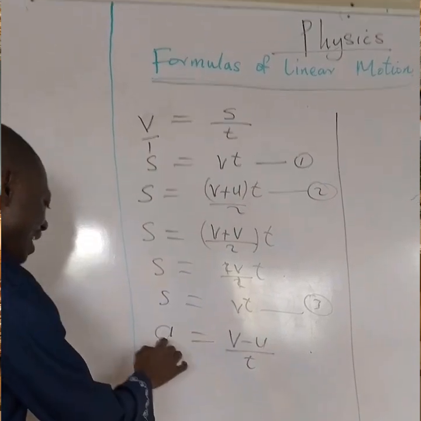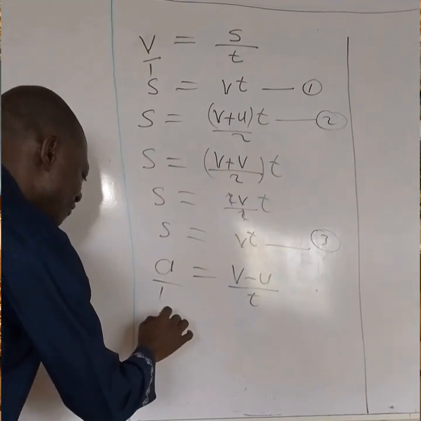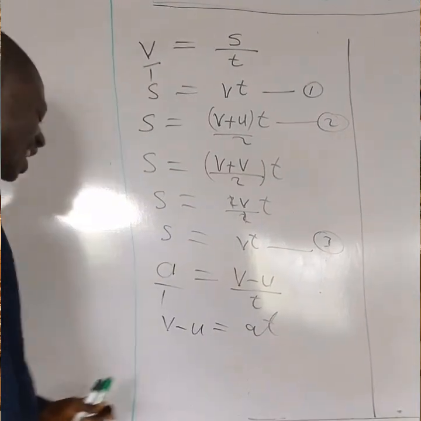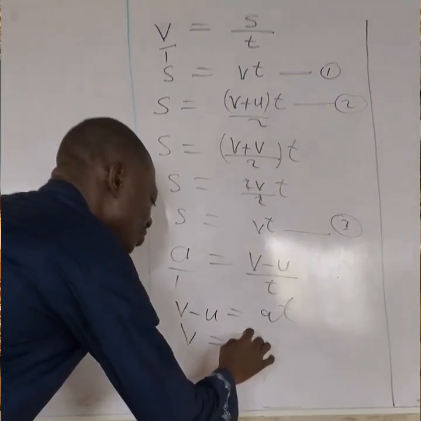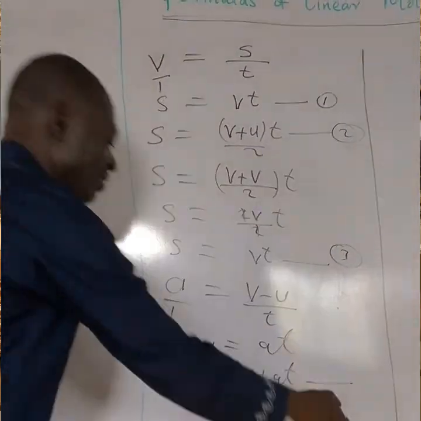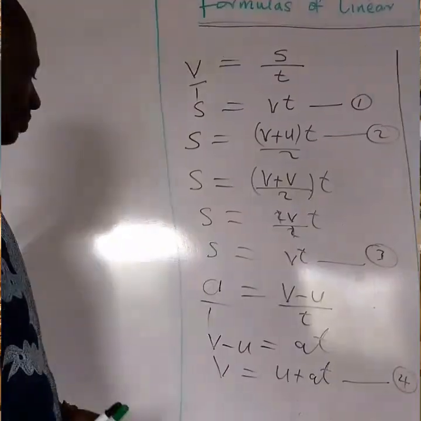Let us cross multiply. Actually, this is over 1. It means that we can bring this down here and have V minus U is equal to AT. Then V is equal to U plus AT. So another formula has been formed now, which we can call formula number 4.